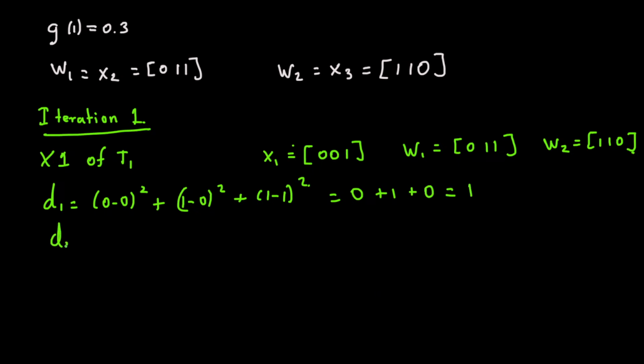And then for the d2, we look at the distance between w2 and x1. Again, you have to think like w2 minus x1, 1 minus 0 square, plus 1 minus 0 square, plus 0 minus 1 square.